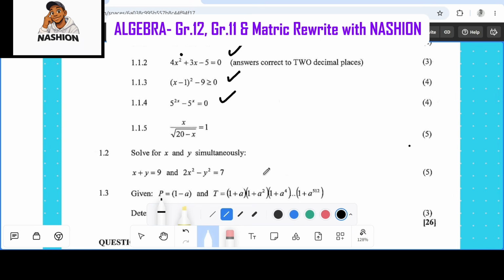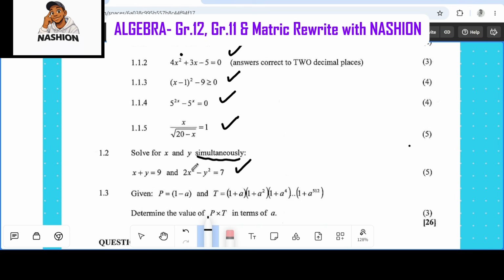Question 1.1.5, quadratic equation, why? You will see later when we remove the square root sign, x is going to be squared. Question 1.2, simultaneous equations, why? Well, they said it, and we have two equations in two unknowns. x and y are being solved.